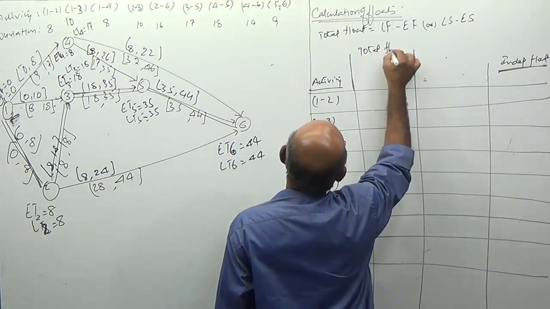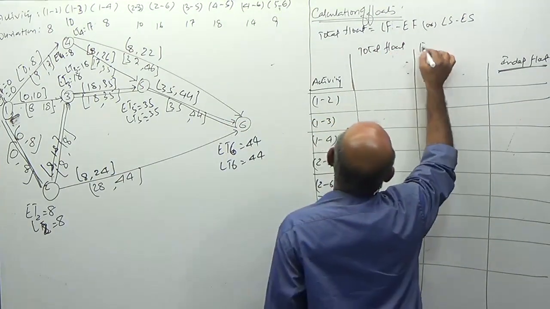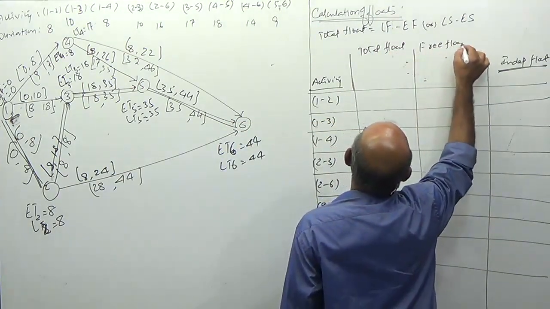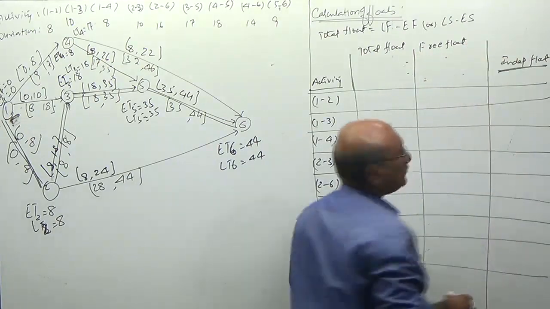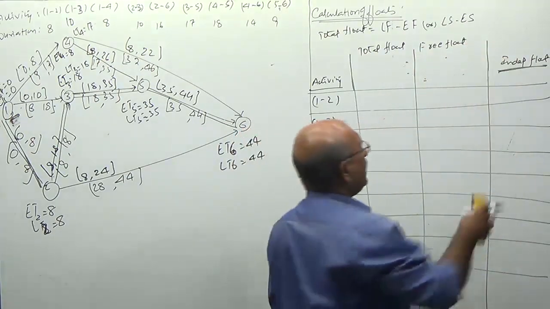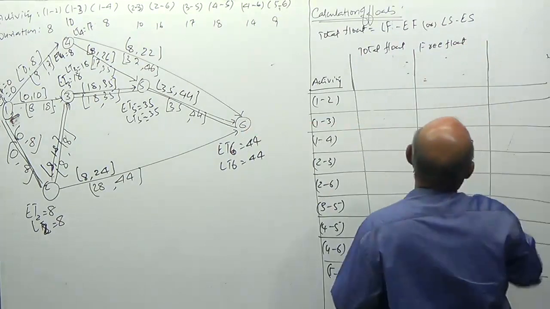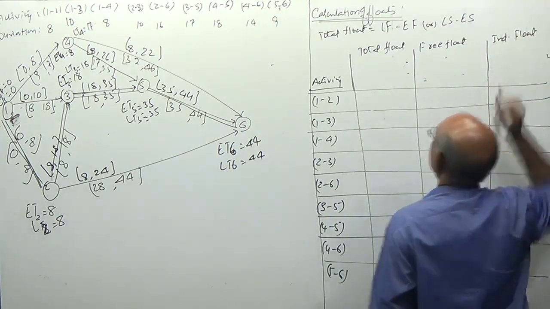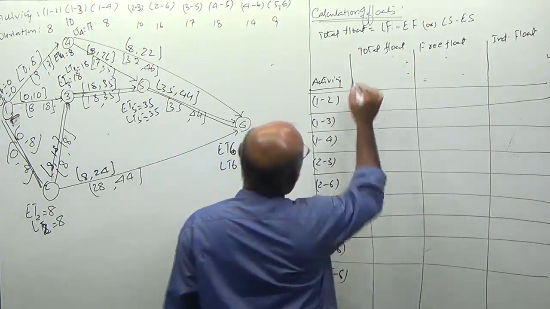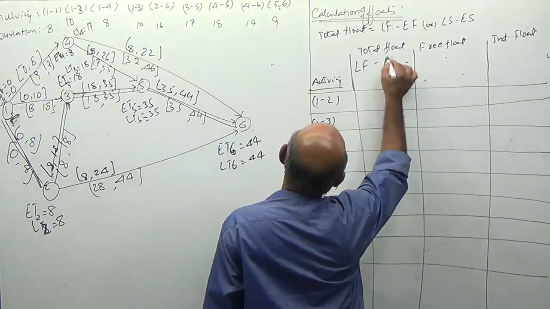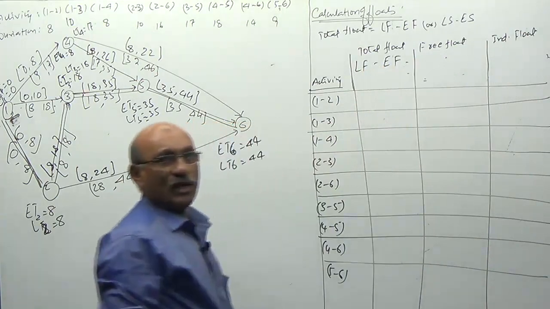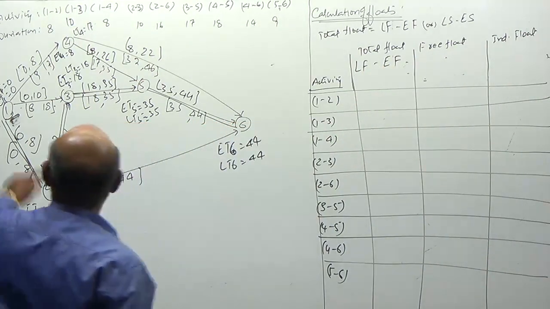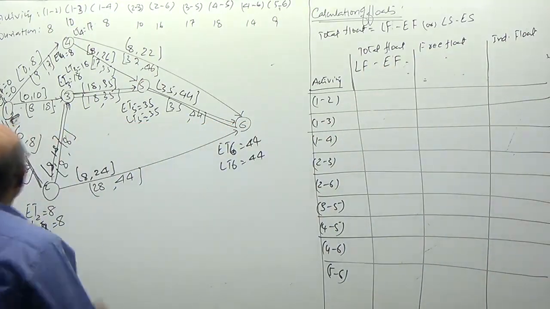Total float, free float, independent float. Total float is equal to LF minus EF. Look at the activity 1 2. This is activity 1 2.